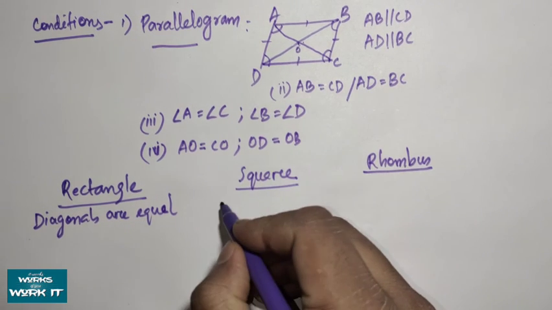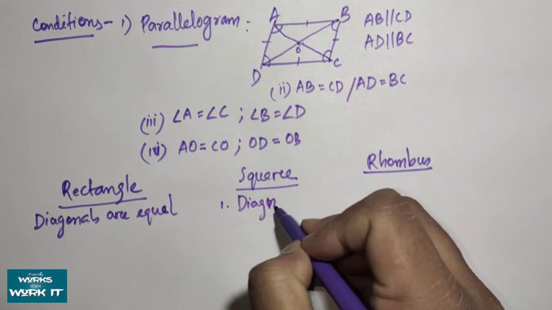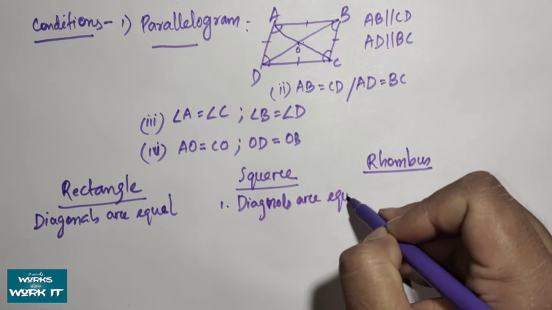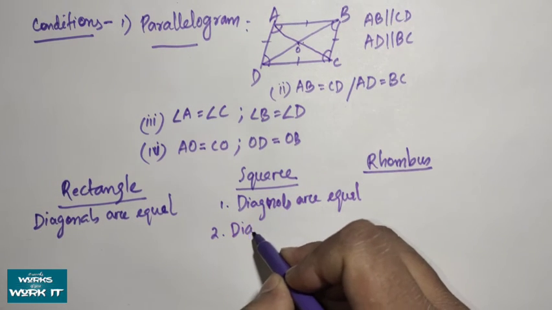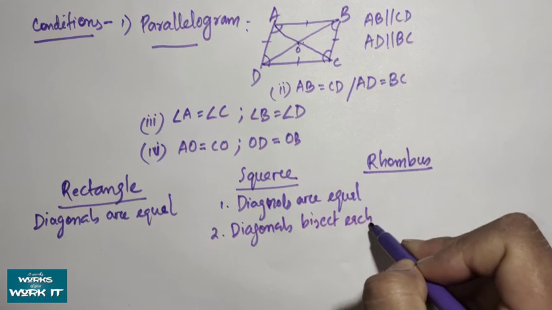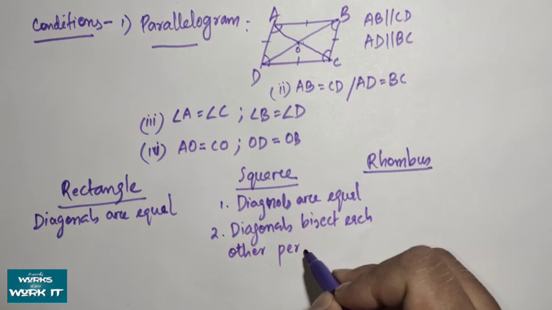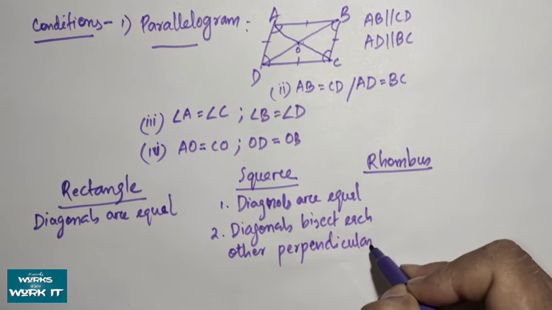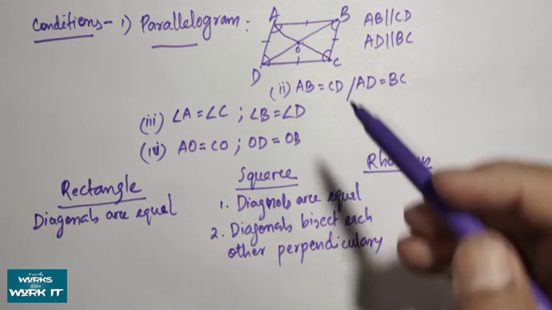The same in a square: diagonals are equal, that is point number 1, the condition in a square. Then condition number 2 is that diagonals bisect each other perpendicularly. Perpendicular means they will make a right angle at the center.